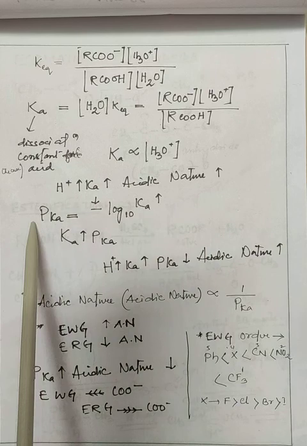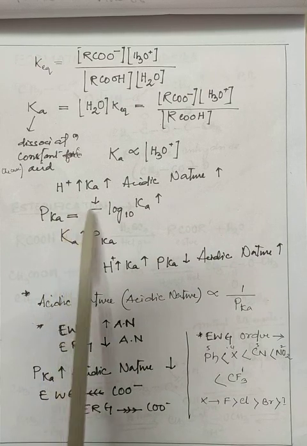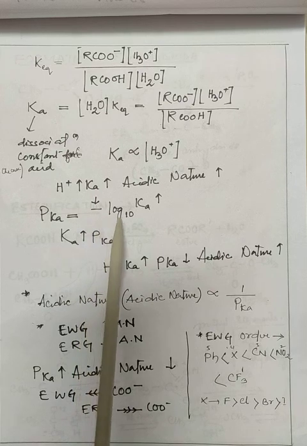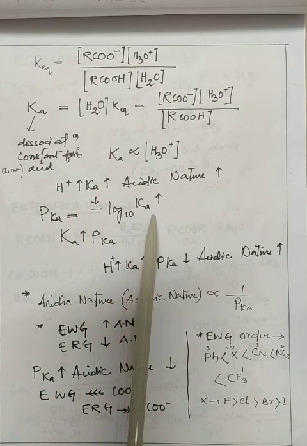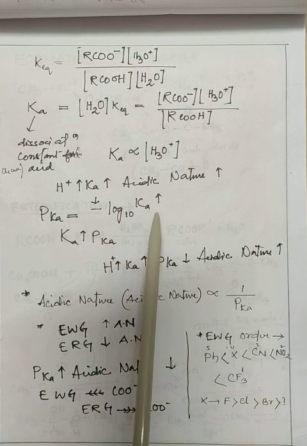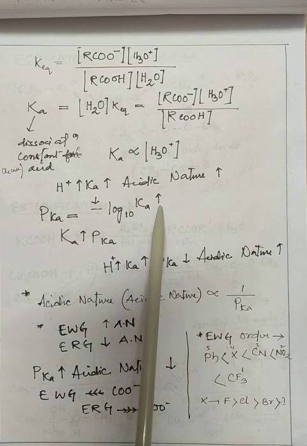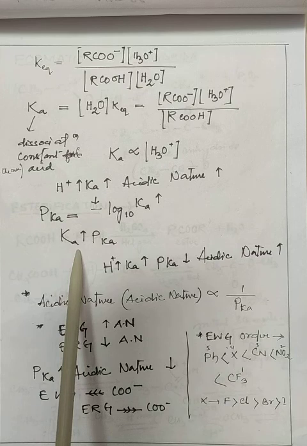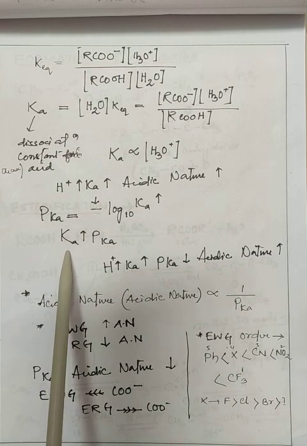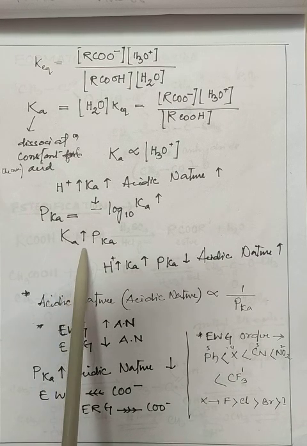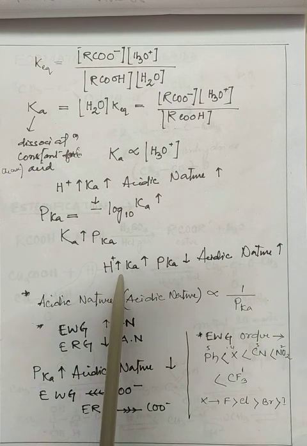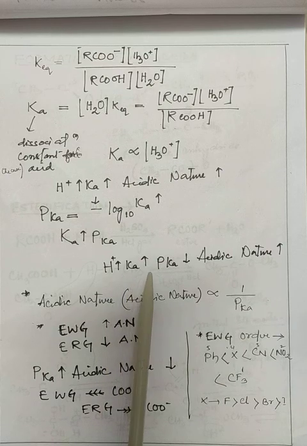Now pKa is equal to minus log10 Ka. So if the Ka value increases, then pKa decreases because of the minus sign. Now if hydrogen ion concentration is increased, then Ka is also increased.